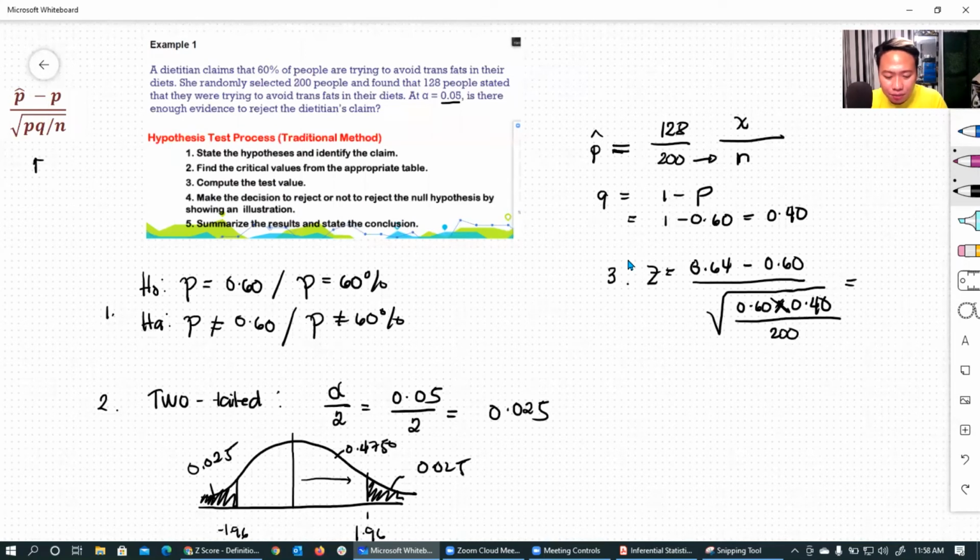0.64 minus 0.60 over the square root of 0.60 times 0.40 over 200. I have 1.15. Do you get the same answer? Can someone confirm it?